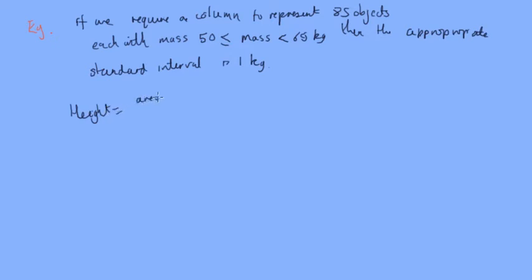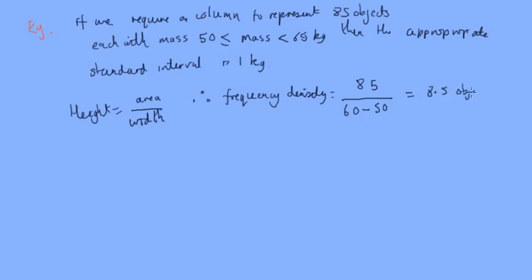So height is going to be area divided by width. Therefore, frequency density is going to be, so you need the column to represent 85 objects, 85 divided by, well, the class width is going to be 60 minus 50, so that is 8.5 objects per kilogram.